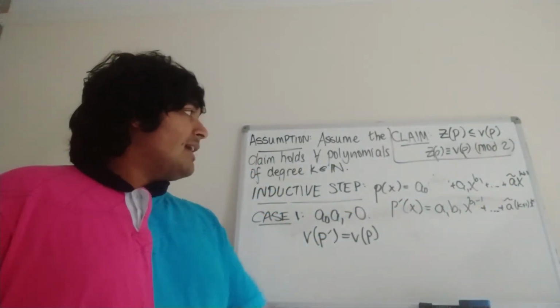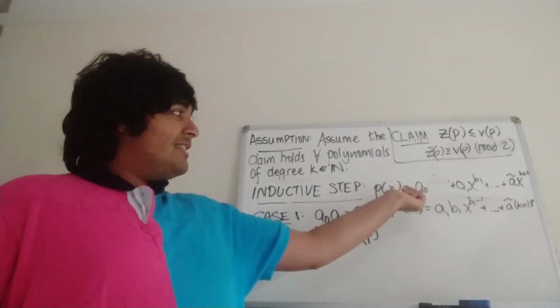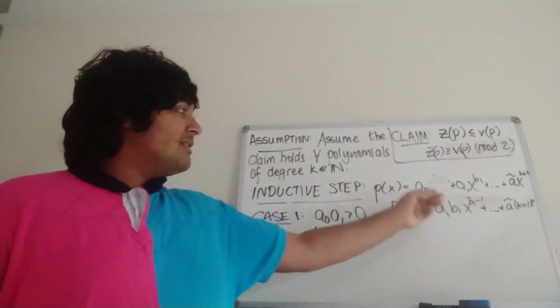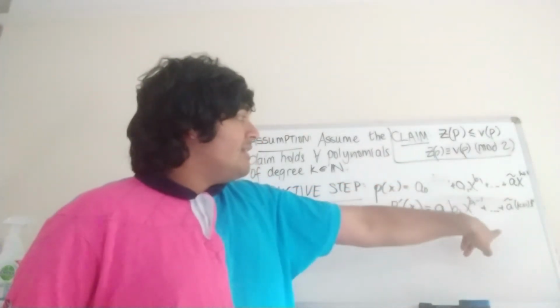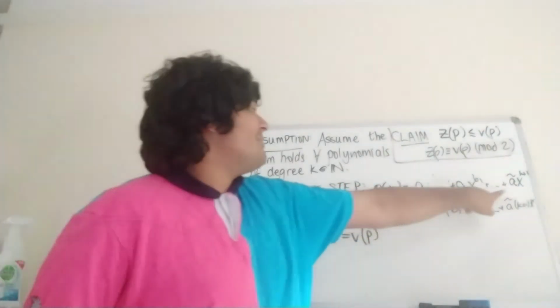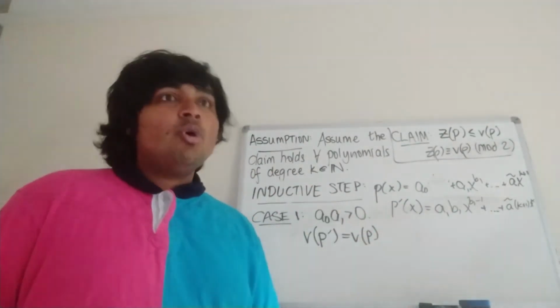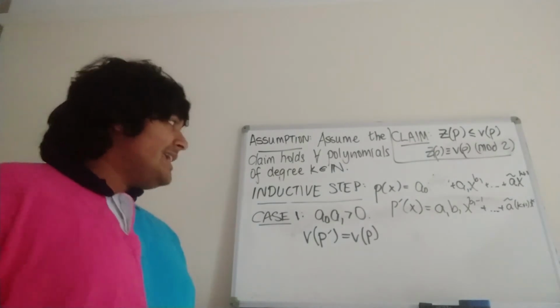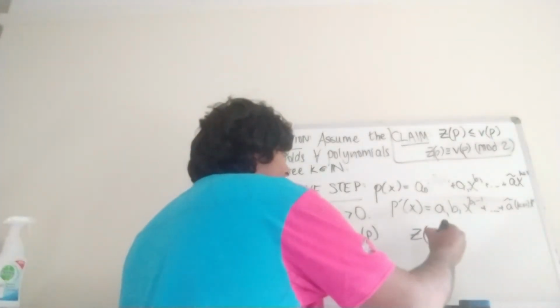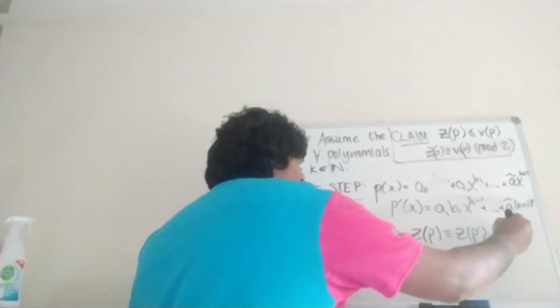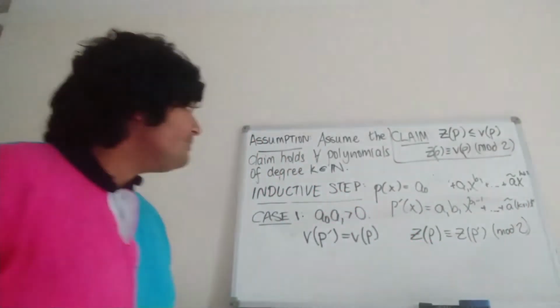So in other words, z of p for this one is either going to be odd or even, but it's going to be the same as this one here, because a0 times a tilde, essentially the coefficient of the first term times the coefficient of the last term, is invariant, and hence they're either both odd or both even. Either way, we have that z of p is congruent to z of p prime mod 2, like so.